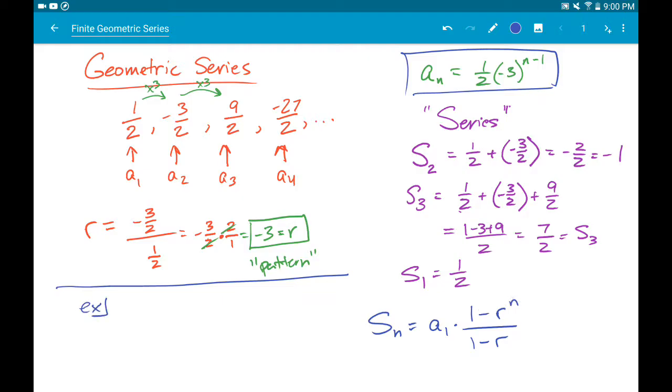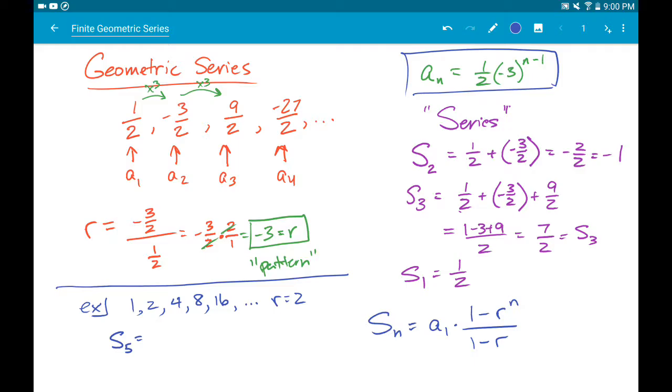But let's look at a quick example that we just have, 1, 2, 4, 8, 16, and so on. Looking at this, the r is 2. You can think of it as 2/1. And let's just quickly find S5 using my formula.